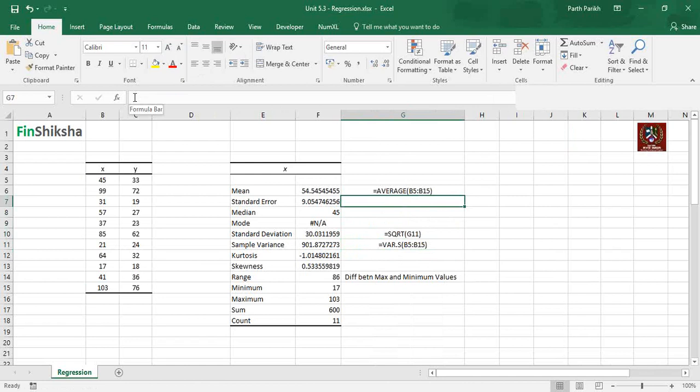There is a small part related to standard error when we are doing regression. We will see it over there. So standard error is my standard deviation divided by the square root of the total number of values, which is 11. So I will take this and I'll get 9.054. It's the same value.